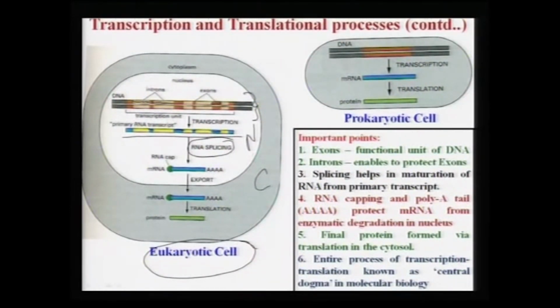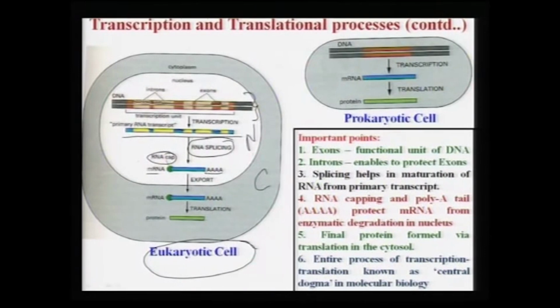Now, what you see here is that mRNAs have 2 things: one is the mRNA cap, and the other is the AAA, the poly A tail. Now, why are these 2 things required in the mRNA?